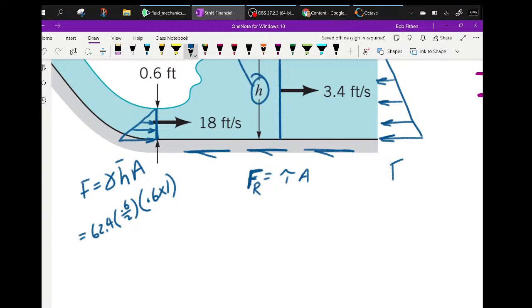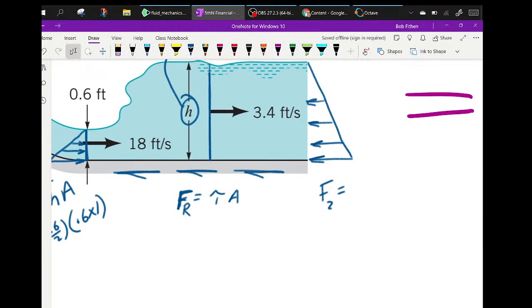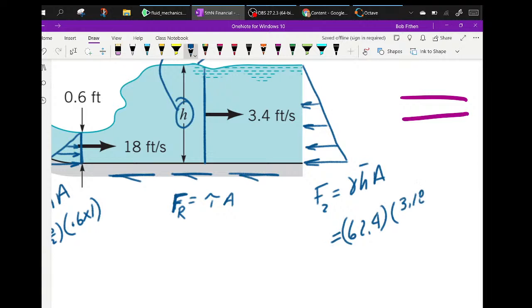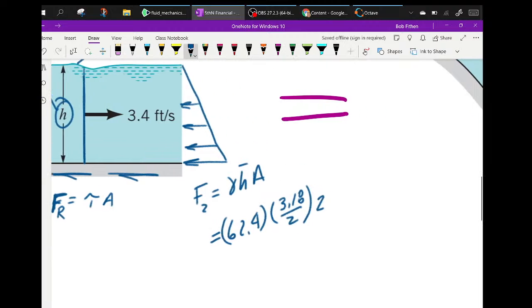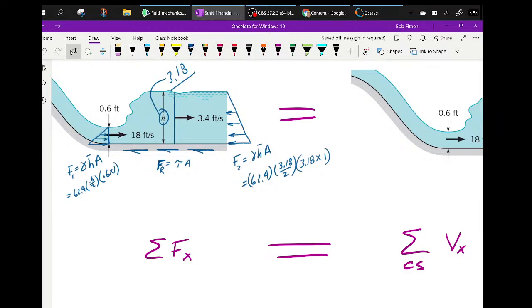Now, the F on this side, I'll call it 1. This one I'll call 2. It is gamma H bar A. Same gamma, different H bar, because now it's this distance down times the area of 3, which I wrote 2. That's the area.